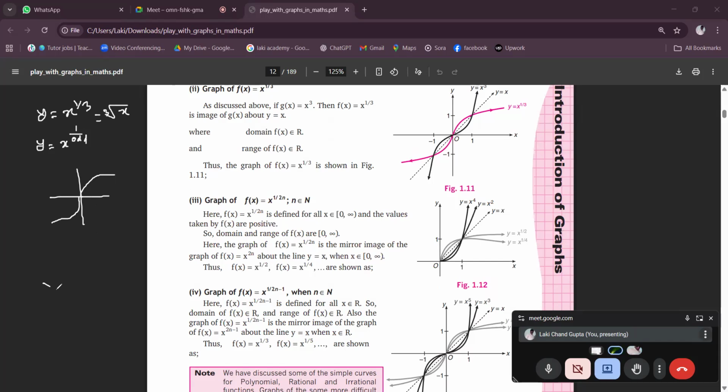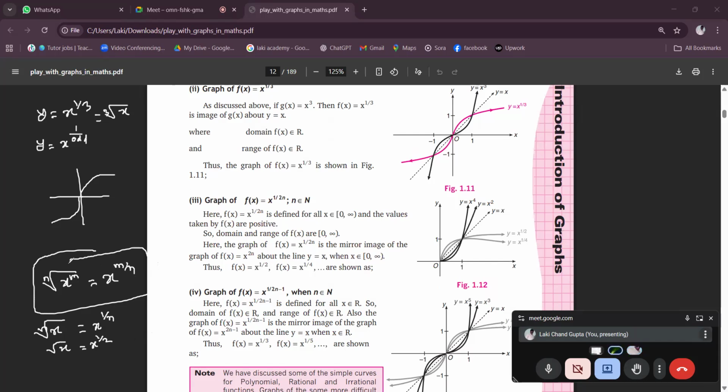So whenever x raised to m upon n is there, you can write x raised to m upon n. If only x is there, then you can write 1 upon n. If nothing is there, only root is there, then you have to write x raised to half.